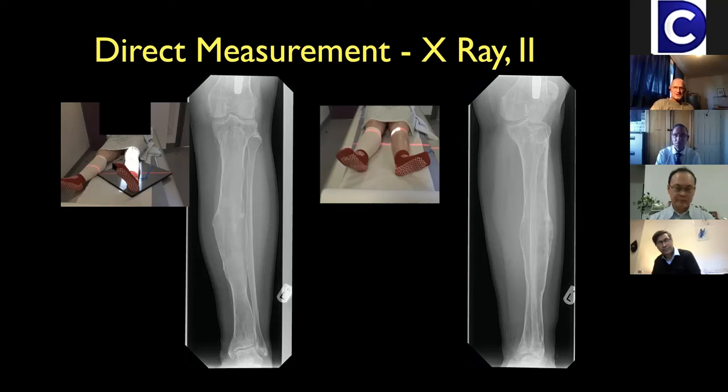So this is just another example. You obviously have to work this out, you have to understand it, but here is a way in which you can use an X-ray machine, whether it be fluoroscopy or a proper X-ray, to demonstrate the site and the direction and the magnitude of any deformity that you see.